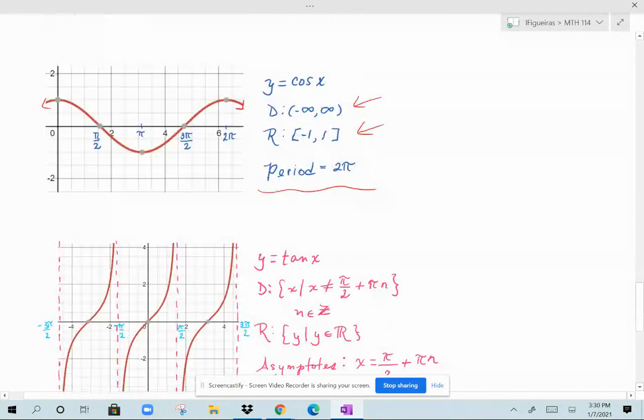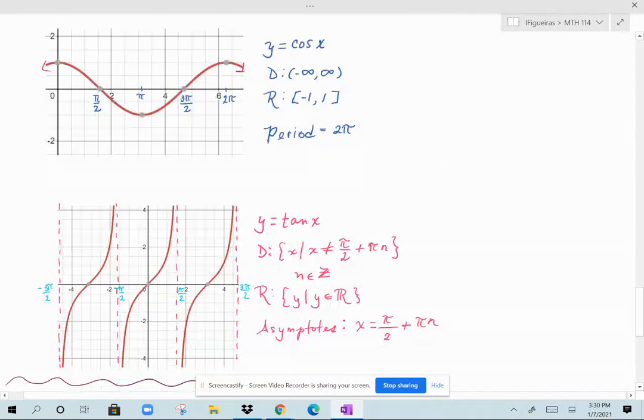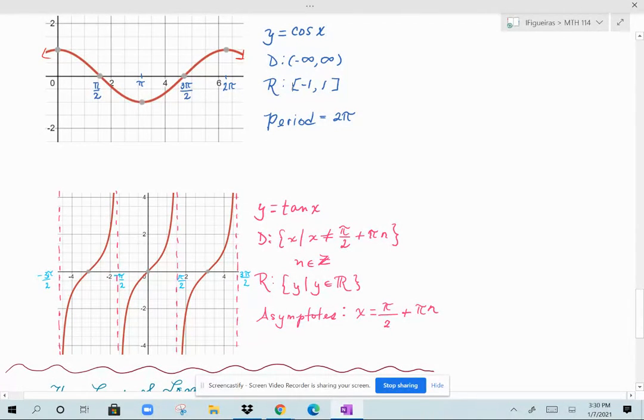Okay, and then here we have the tangent function. Tangent function is a little bit more complex because it has some restrictions on the domain. Remember, tangent can also be written as sine of x over cosine of x. So everywhere that cosine is 0, tangent is going to be undefined because you don't want a 0 in the denominator that doesn't have a numerical value.